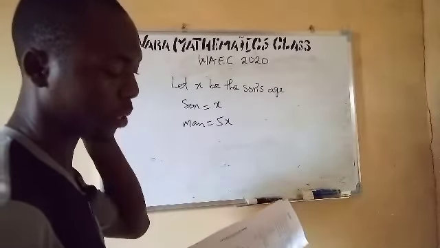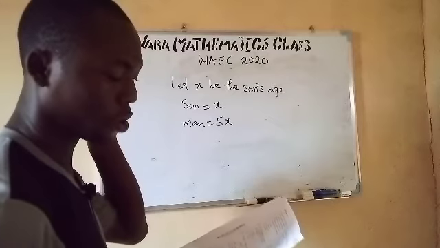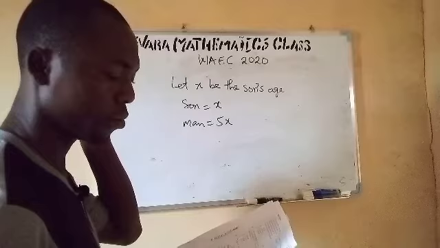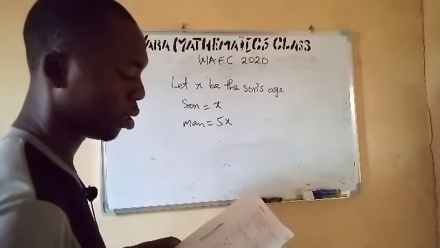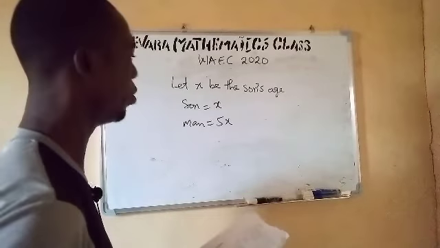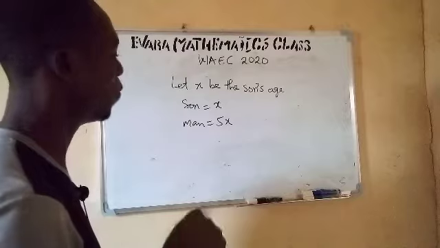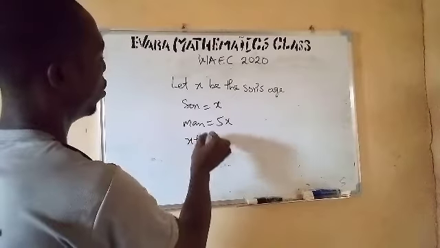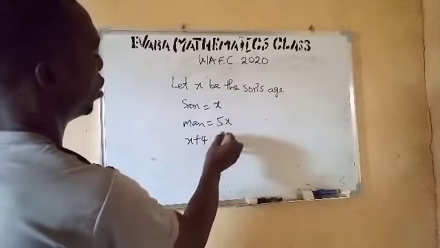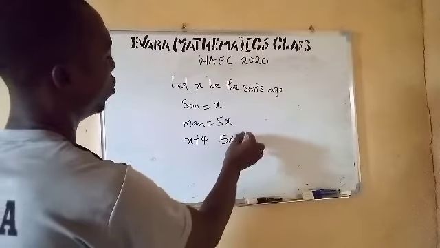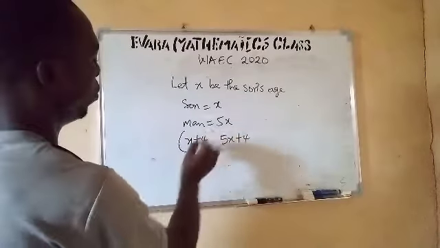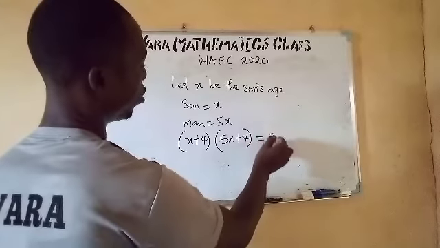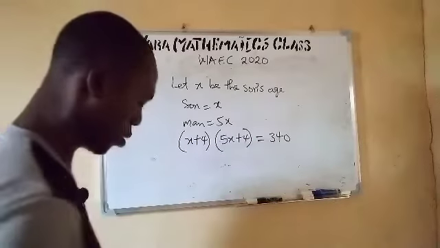In 4 years' time, the product of their ages will be 340. In 4 years' time, that means if we add 4 to the age of the son and we add 4 to the age of the man, the product of these two terms will be 340.